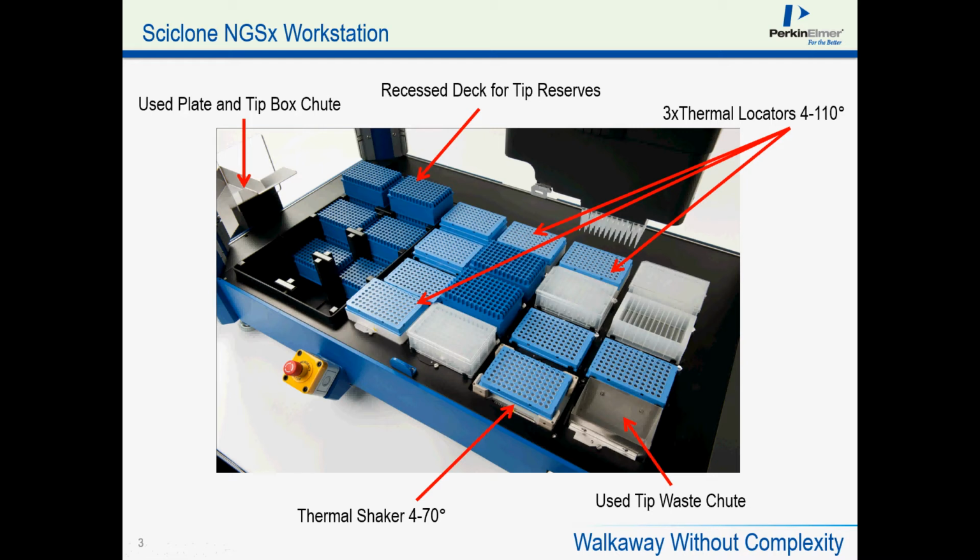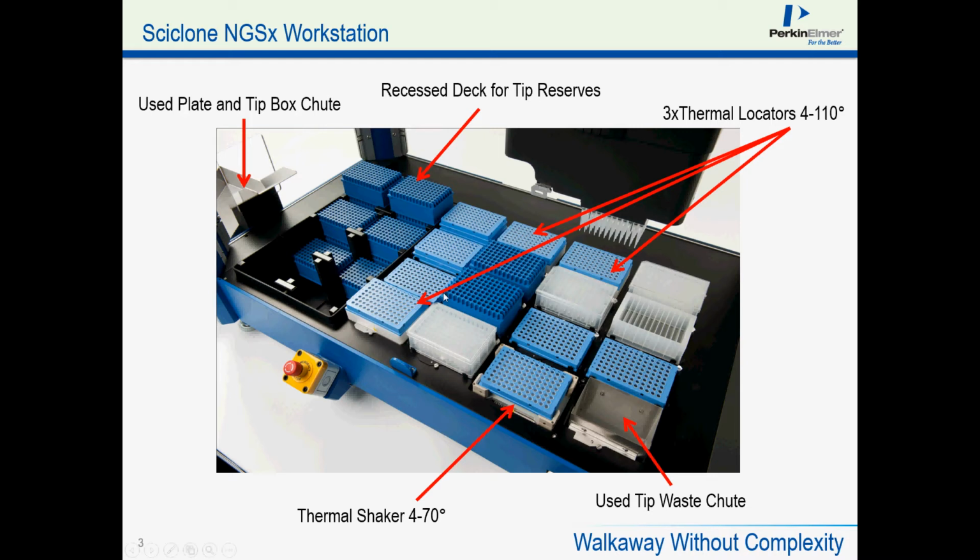The purpose is to allow the user more walkaway time. These processes utilize tip boxes as we run the chemistries, and we want to make sure the user doesn't run out of tip boxes during a process and has the most walkaway experience possible.